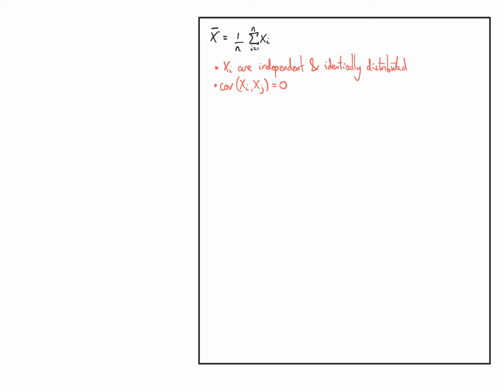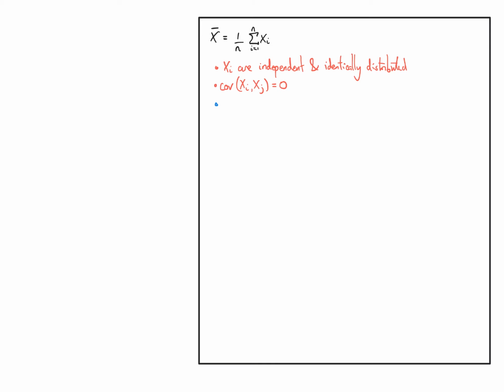If one observation is particularly large, it doesn't influence the likelihood of another being particularly large or particularly small, for instance. Knowing the value of one outcome isn't going to impact on the values that the other outcomes take.